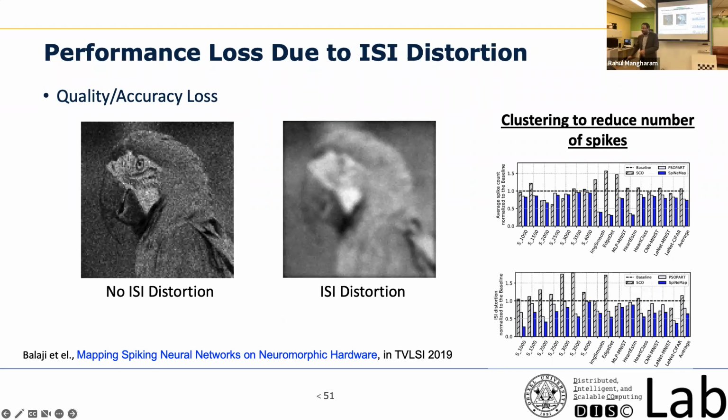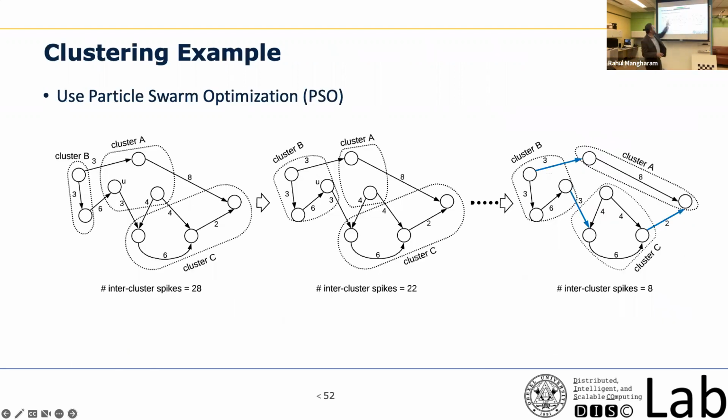Any other questions? Wait, what are these plots on the right? These plots show how we could minimize the number of spikes on the interconnect. So let's say you have neurons. These circles are the neurons. You can cluster them intelligently such that the number of intercluster spikes is minimized.